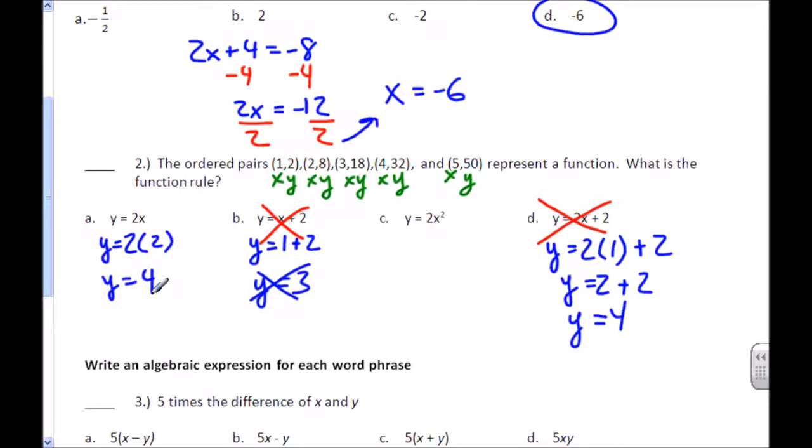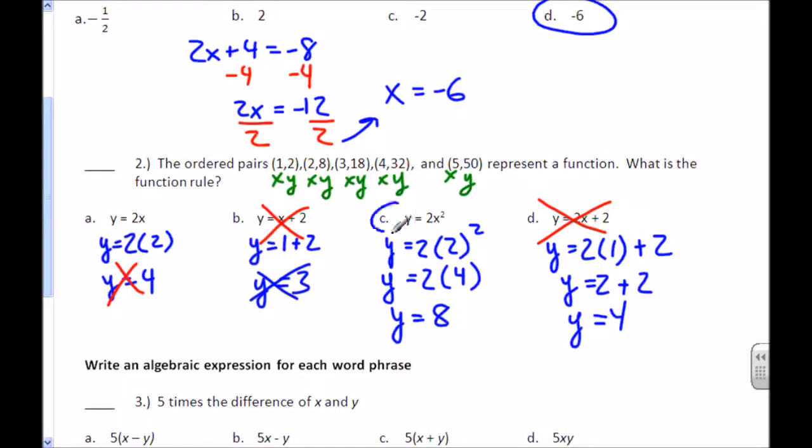So that one doesn't work. I've essentially narrowed it down, but let's plug it in just to make sure. y equals 2 times 2 squared. When you do this, you want to do the exponent first. So 2 squared is a 4. Then times the 2 is an 8. So it does give me that second ordered pair. So now I know that the answer is letter C.